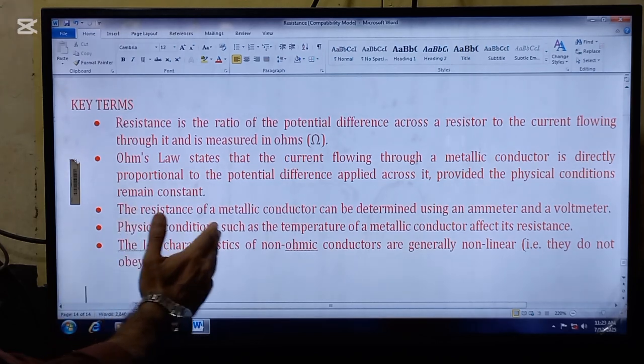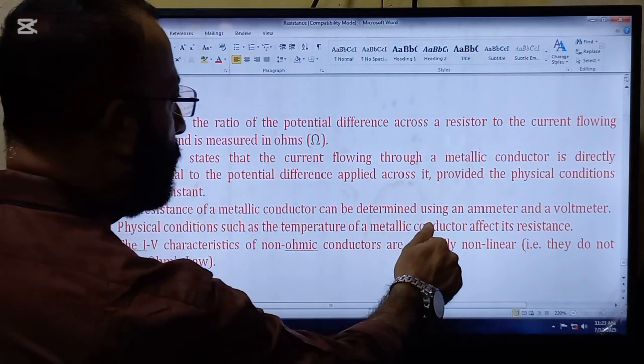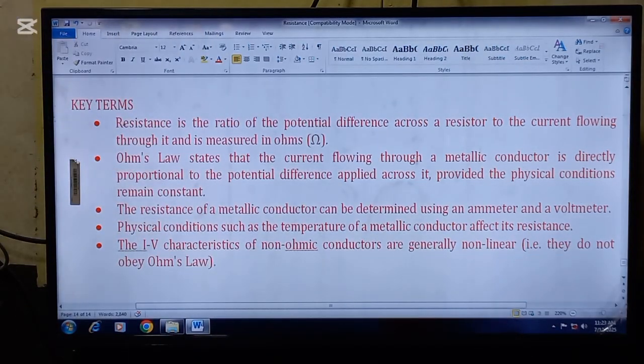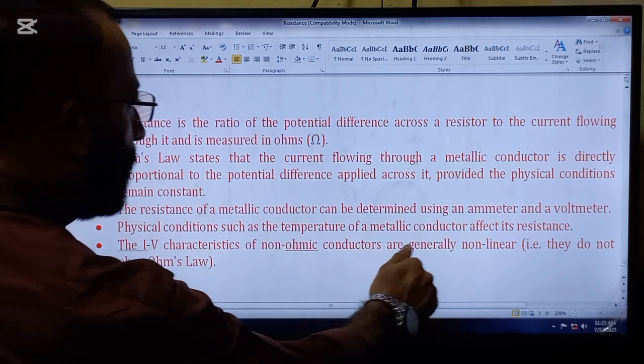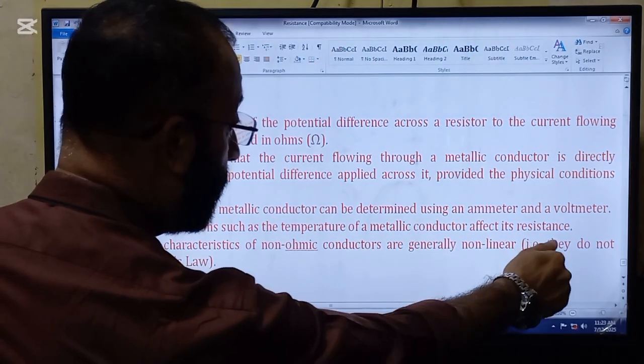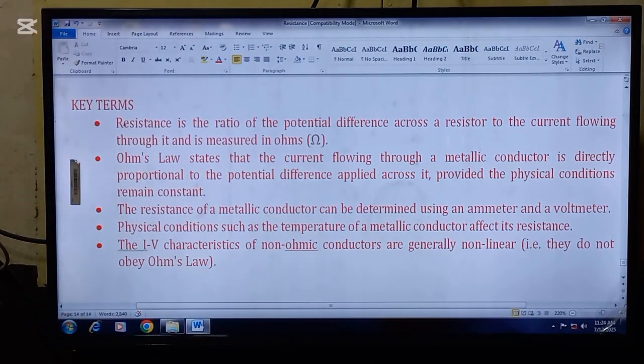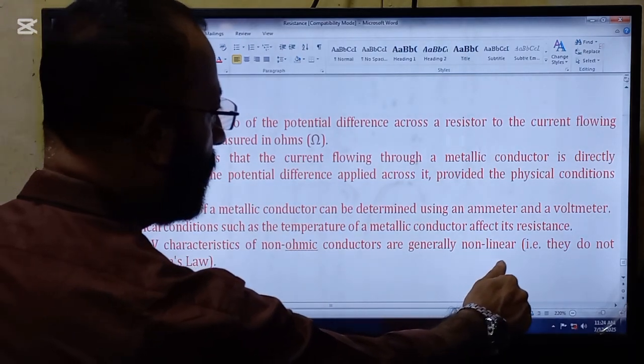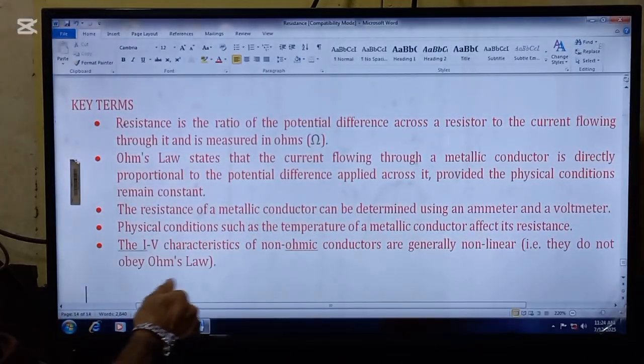The resistance of a metallic conductor can be determined using an ammeter and a voltmeter. Physical conditions such as the temperature of a metallic conductor affect its resistance. The I-V characteristics of non-ohmic conductors are generally nonlinear, that is, they do not obey Ohm's law.